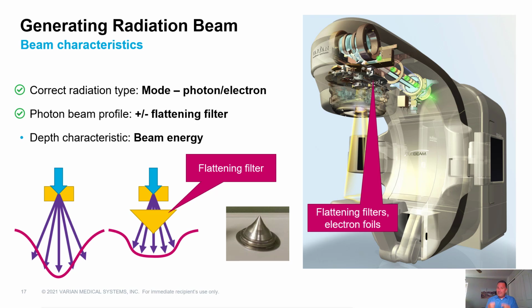Well, the reason why is the electron beam is very narrow, like a pencil, with a very small diameter. So in order for us to use it, we need to spread it out to be clinically valuable to us. So a dual foil layer is shaped similar, again, to the flattening filters to achieve an even distribution of electron beams for treatment.